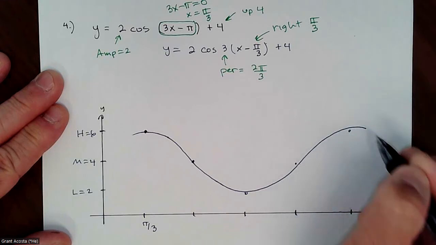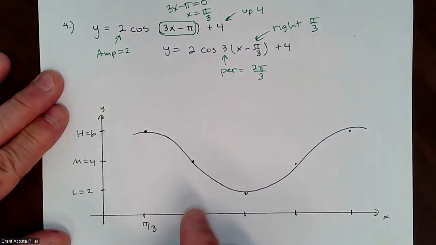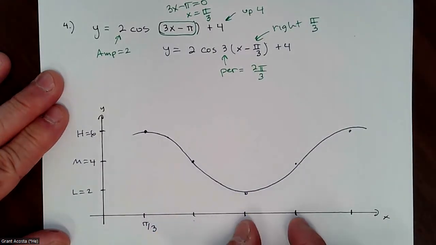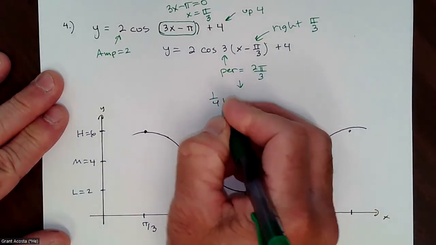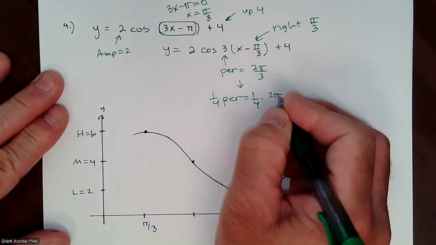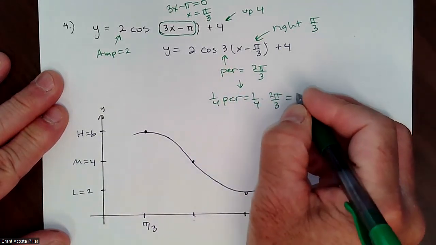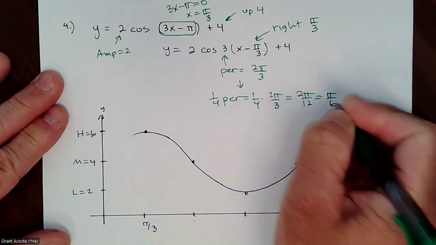And to get final credit here, we need to locate these other points here. So I'm going to stick with what I did before, I'm going to keep adding 1/4 of the period to get to all of these points here. So 1/4 of the period is 1/4 of 2 pi over 3, which is 2 pi over 12, which is pi over 6.